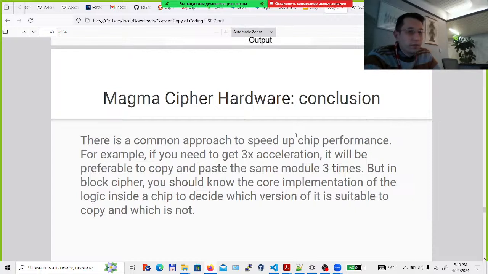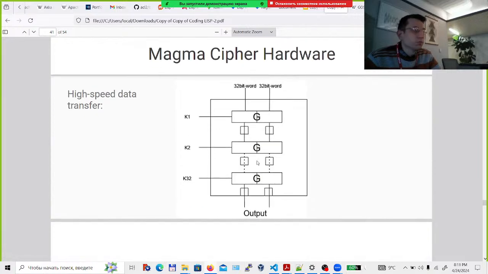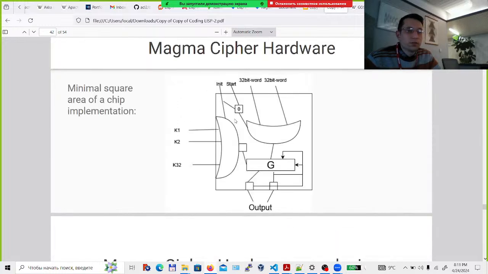But in a block cipher, you should know the core implementation of the logic inside the chip to decide which version of it is suitable to copy and which is not. So for maximum performance computation I prefer this implementation of the hardware instead of this one, because this goes slow. I implemented the slow version because it's easy to verify.